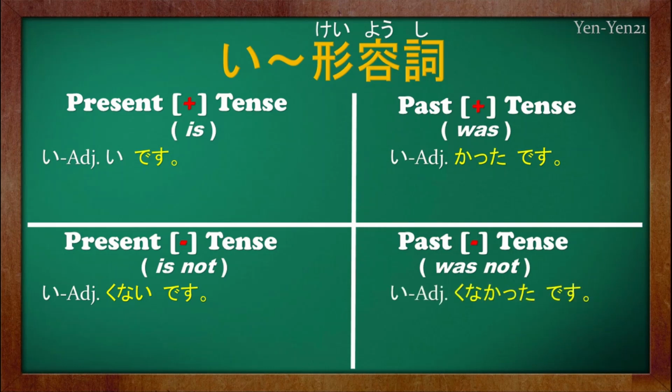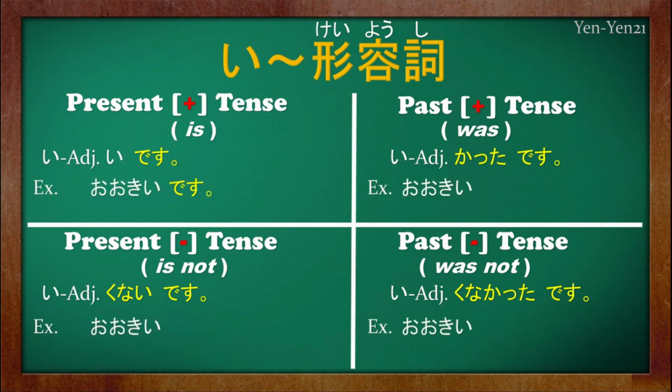Take note of this, all conjugations of い adjectives end in です, no matter what the tense is. The part that does change in conjugating い adjectives is the character い at the end of the adjective. The character い on the present negative tense, past positive tense, and past negative tense will be omitted and replaced. These are some examples.